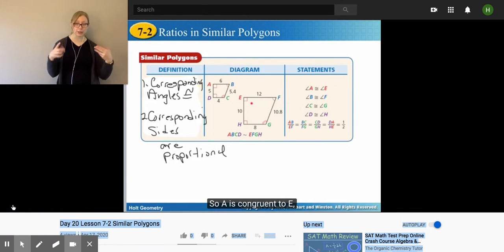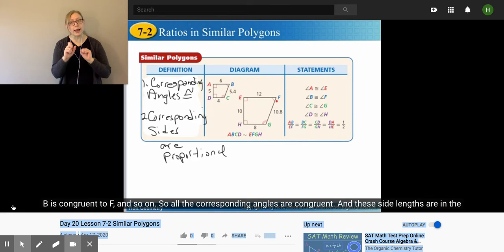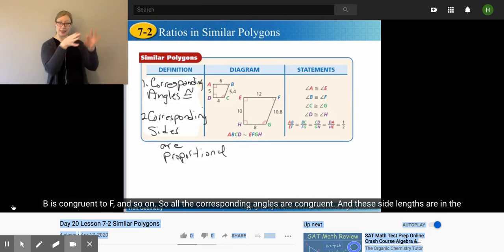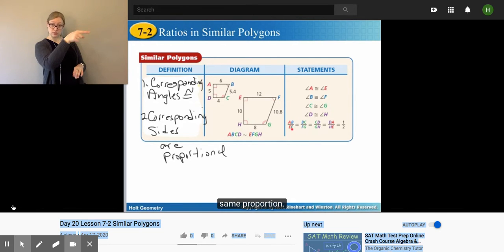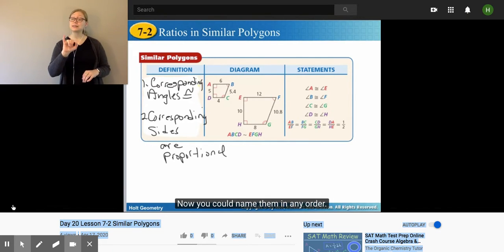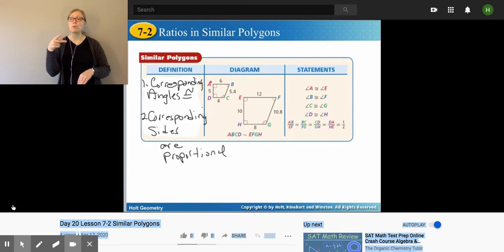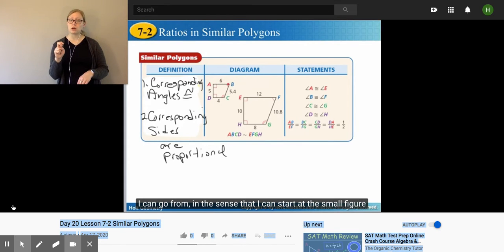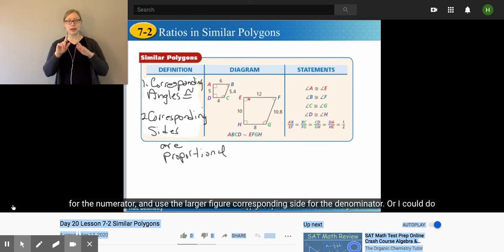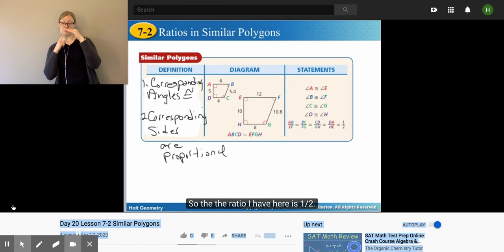So A is congruent to E, B is congruent to F, and so on. So all the corresponding angles are congruent. And the side lengths are in the same proportion. Now, you could name them in any order. I can start at the small figure for the numerator and use the larger figure corresponding side for the denominator, or I could do the reverse.